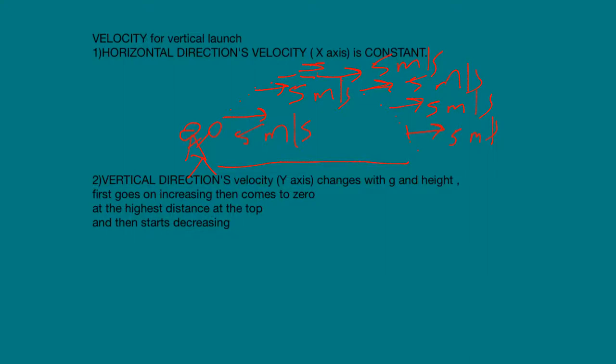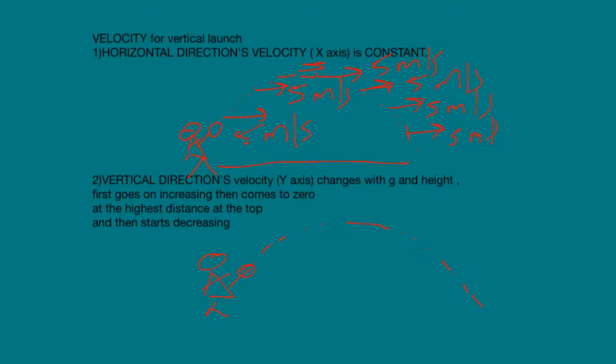Okay. Now in the vertical direction, the y-axis velocity changes with g. So we will take this same example. The person is throwing the ball, so the ball will move like this. Here we can see the velocity is changing.